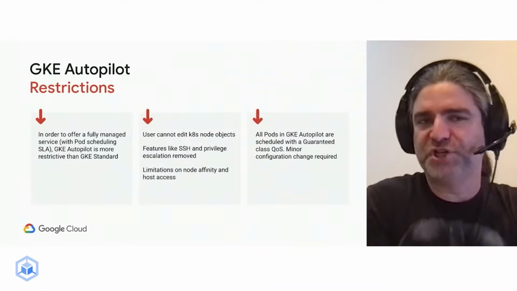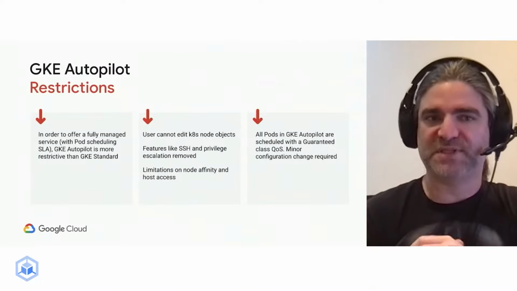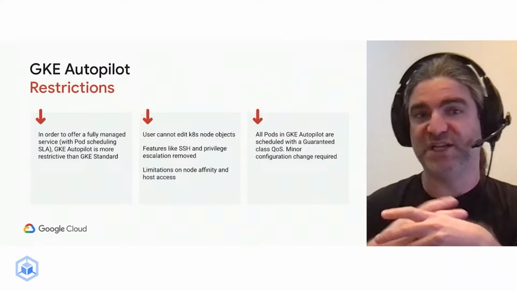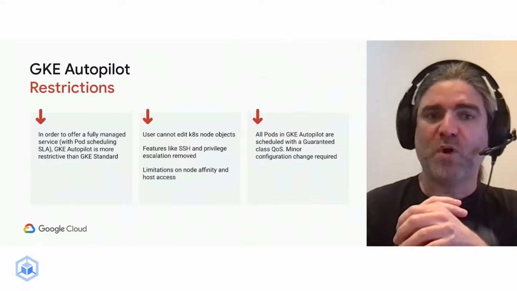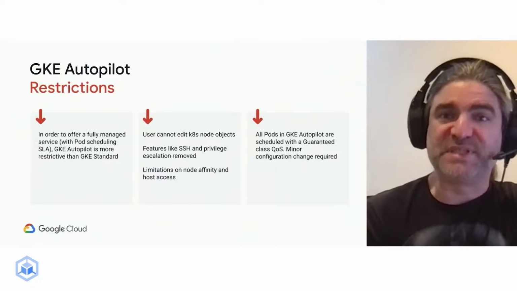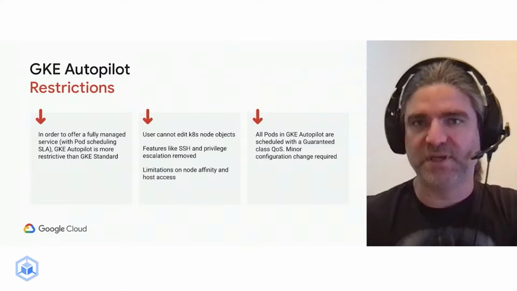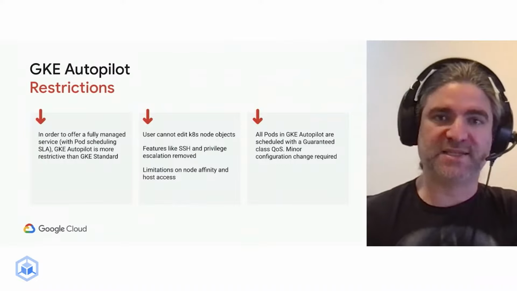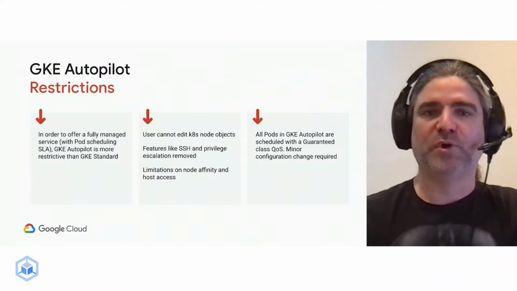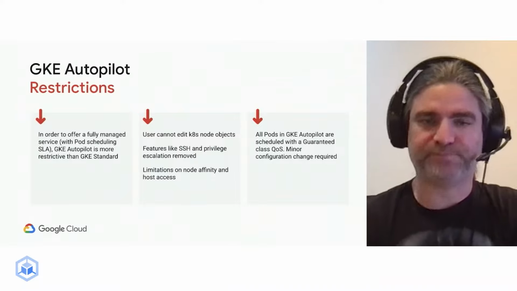For GKE Autopilot to provide that full, rich managed experience and provide that SLA for pod scheduling, Autopilot requires restricting some of the Kubernetes APIs. Specifically, users cannot edit any Kubernetes node objects. We are also blocking SSH access to the node, and we are disallowing any privileged pods from running.